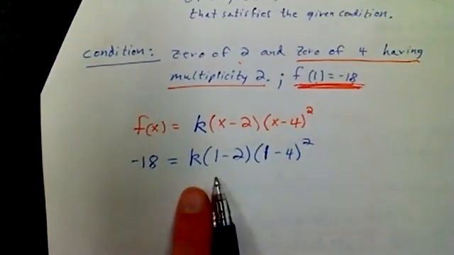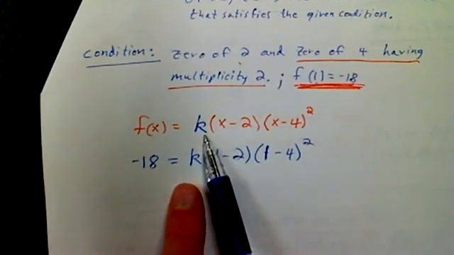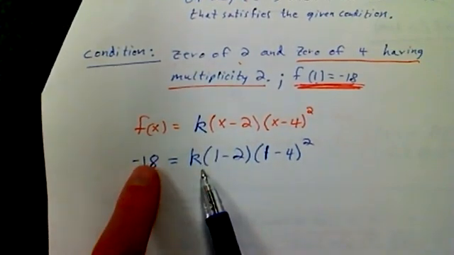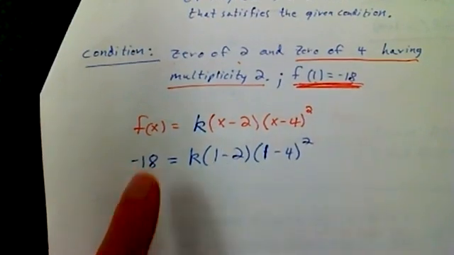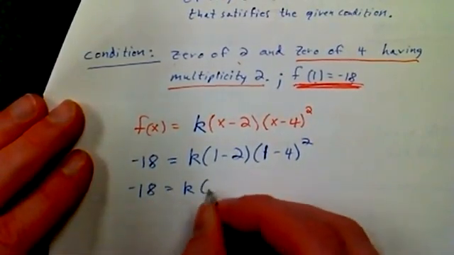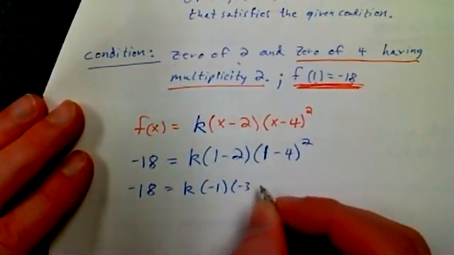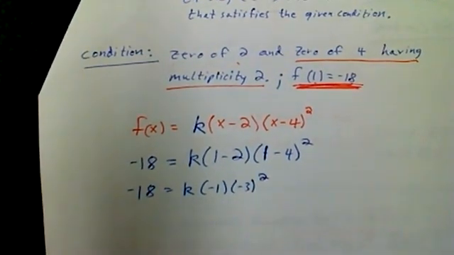And notice now I can solve for k. I know that'll be the correct k because it'll satisfy when the function value is -18 and the x value is 1. So -18 equals k times -1 times -3 squared.